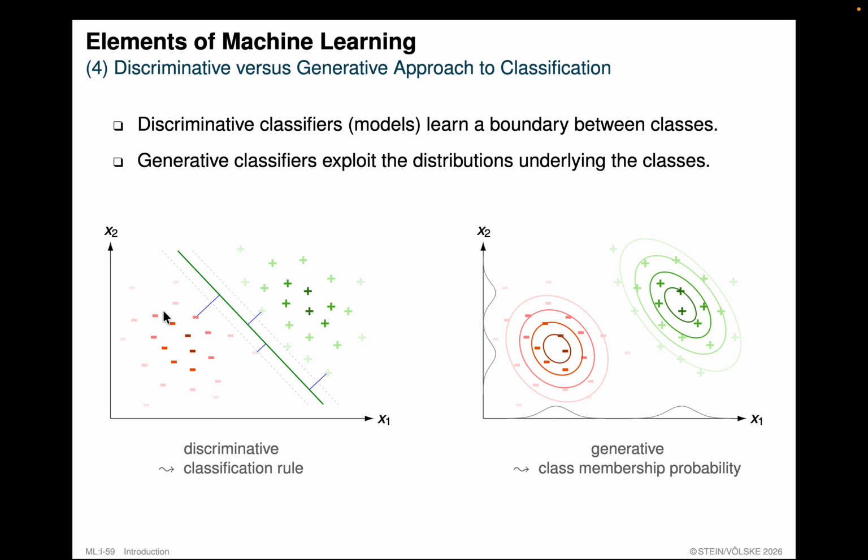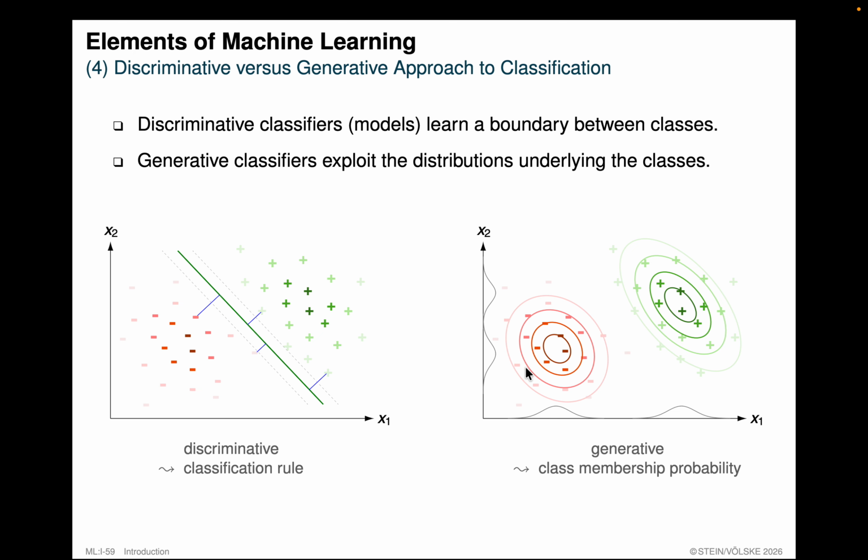This boundary can be seen here. So if we have positive and negative examples like here, and use a discriminative classifier, we want to find that boundary which maximizes the distance as much as possible to all positive and all negative examples.